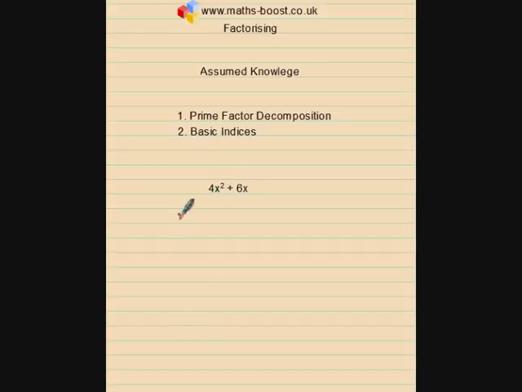I would write out 4 in terms of its prime factors, 2 times 2, and we know in algebra anything next to each other is a times, but instead of x squared I'm going to write it out in full, x times x. This is no different to 4x squared. It's simply 4x squared written in terms of its simplest building blocks.